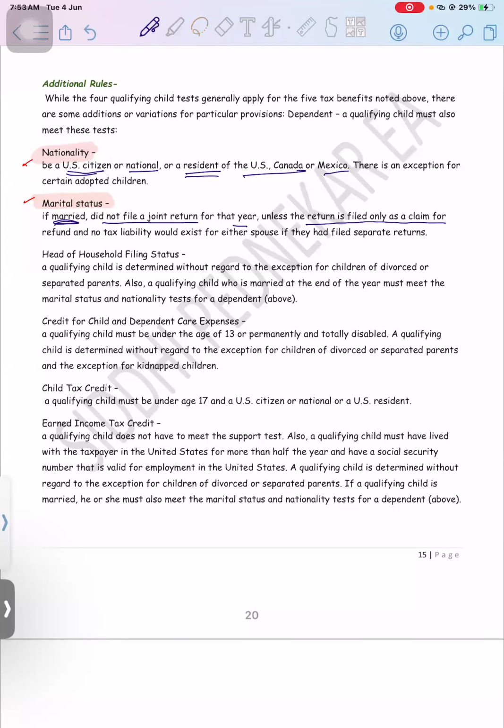Nationality, marital status. For the purpose of head of household filing status, a qualifying child is determined without regard to the exception for children of divorced or separated parents. So a qualifying child definition will be considered even if the taxpayer and spouse are divorced or separated or living apart.